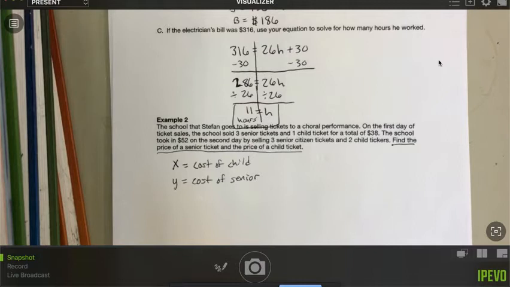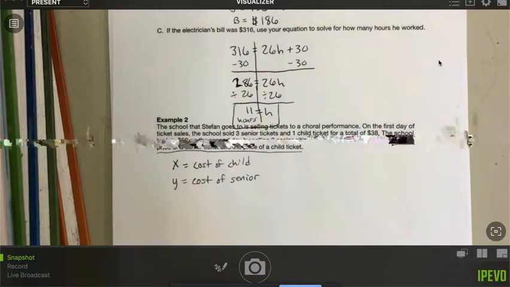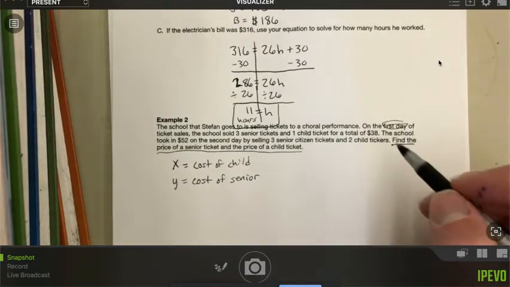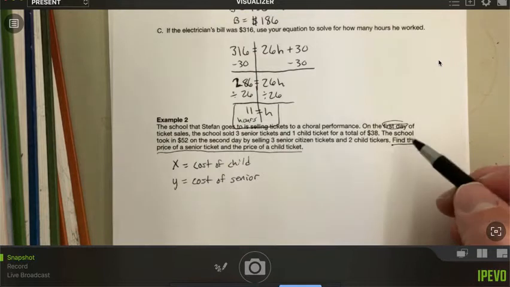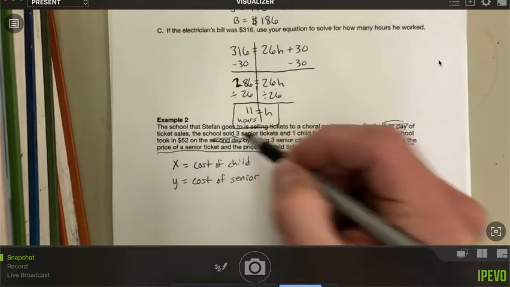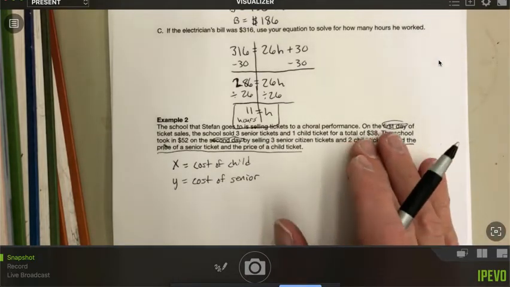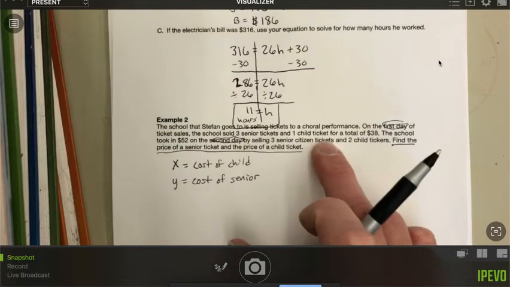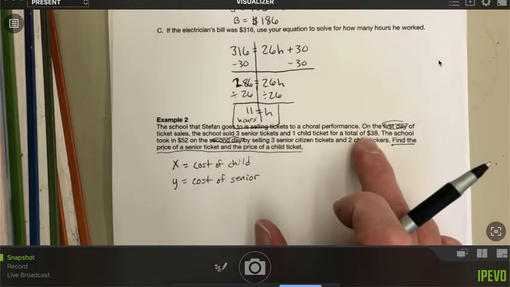With that in mind, now I want us to write an equation. We're going to break this into first day and then second day. So identify that we have two different days. On the first day, there were 3 senior tickets and 1 child ticket, and that totaled up to $38.